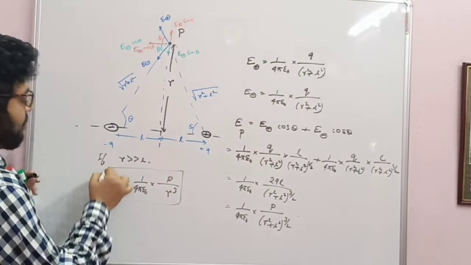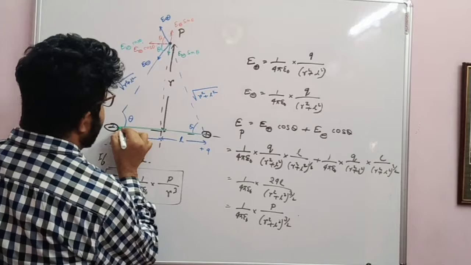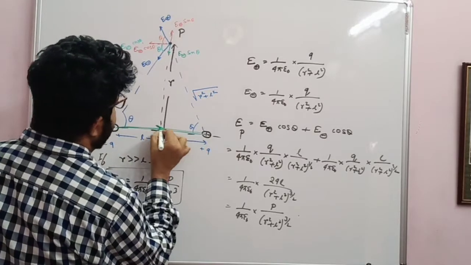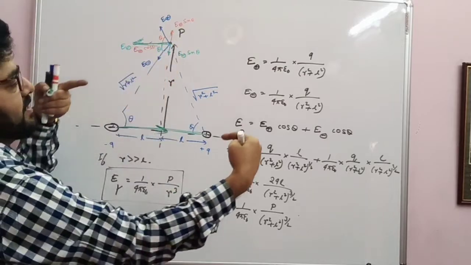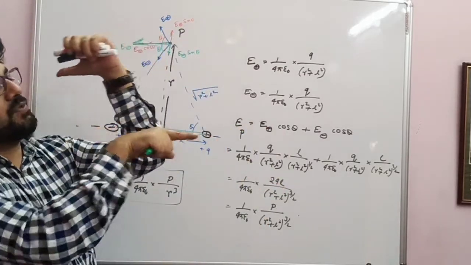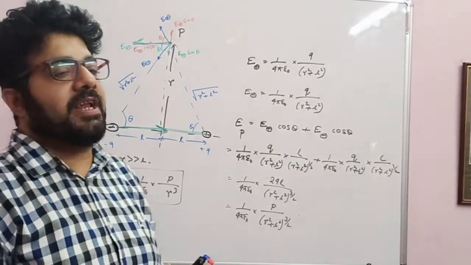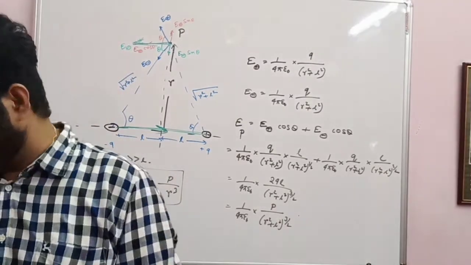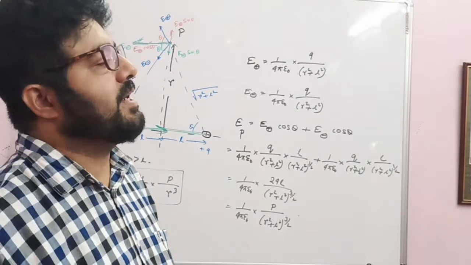Now in terms of direction, what can we say? See, the direction of the electric dipole is this one, negative to positive, and the net electric field is in the opposite direction. See, this one and this one are opposite. So at the equatorial position, the direction of the electric field is in the opposite direction of the electric dipole.